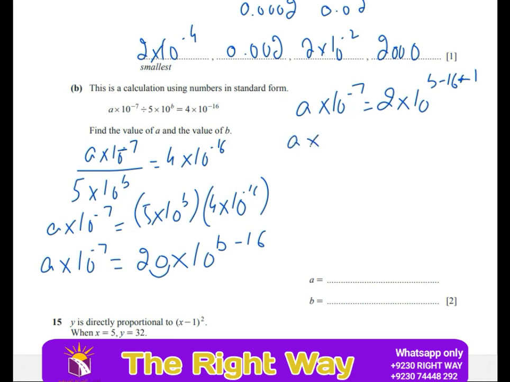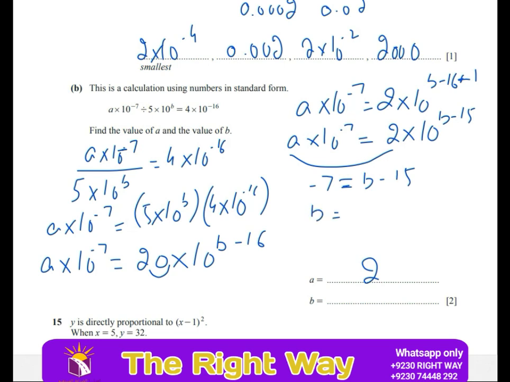So A times 10 to the power minus 7 will be 2 times 10 to the power B minus 15. A will be equal to 2, and minus 7 will be equal to B minus 15, because both powers of 10 should be equal. So B will be equal to minus 7 plus 15, which is equal to 8. So A is 2 and B is 8.